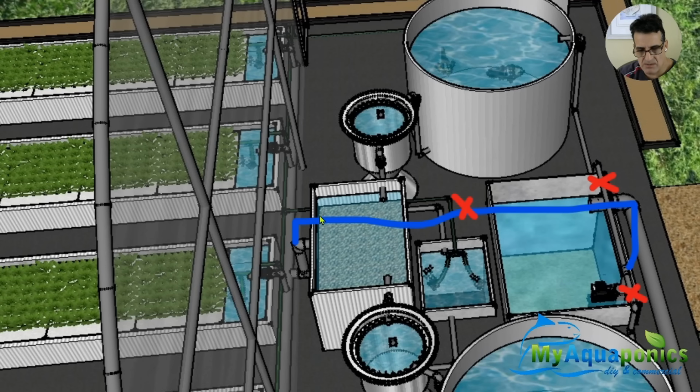It would come down into the plant beds and of course feed back to the sump. You would therefore completely eliminate your fish tanks and run it as a hydroponic system. You put hydroponic nutrients in here and keep your system going hydroponically.